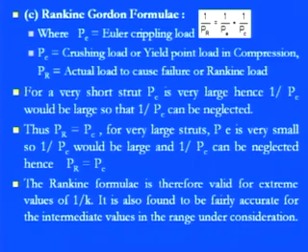So the Rankine formula is valid for extreme values of l by k, and it is also found to be fairly accurate for the intermediate values in the range under consideration, because it is always related to which load is really responsible for causing the buckling. So it is somewhat more accurate than the other formulas.